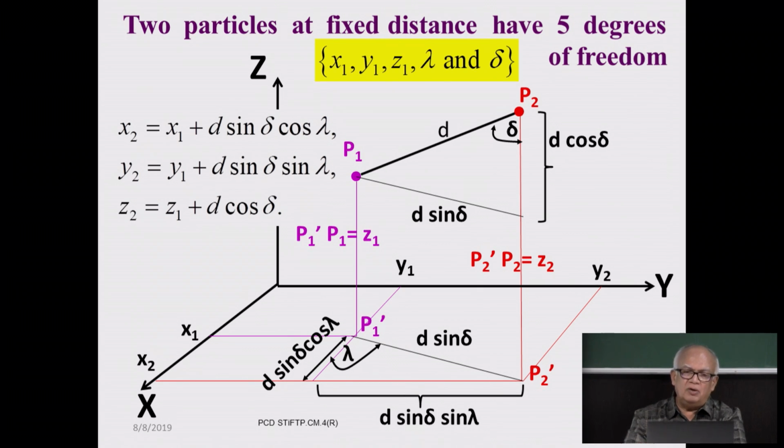And we are now talking about the possibility of placing a third particle which is at a constant distance from P1 and also from P2. So where can you place it? Where in this 3-dimensional space can you put a third particle so that it has a constant distance from P1?